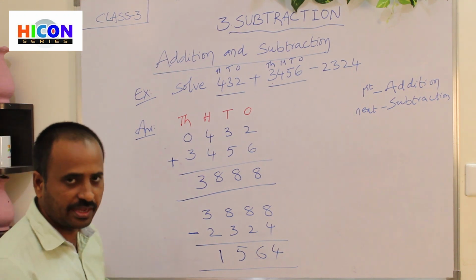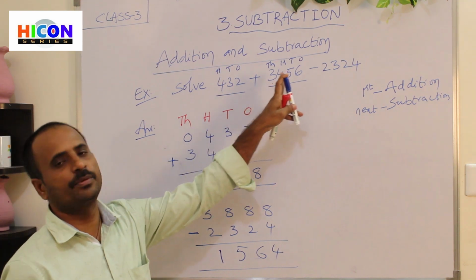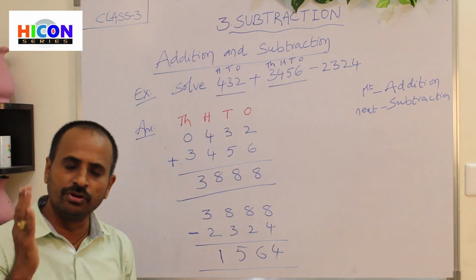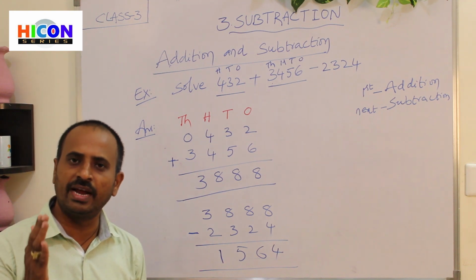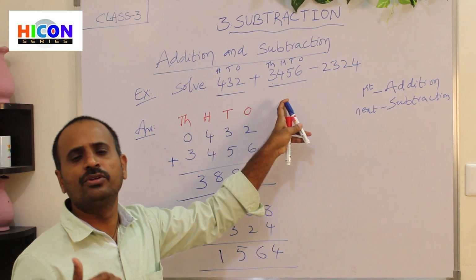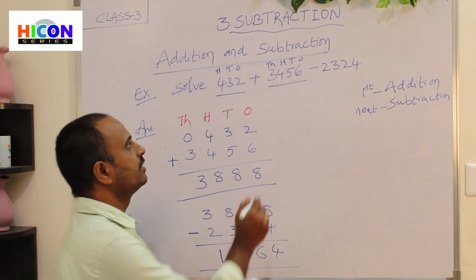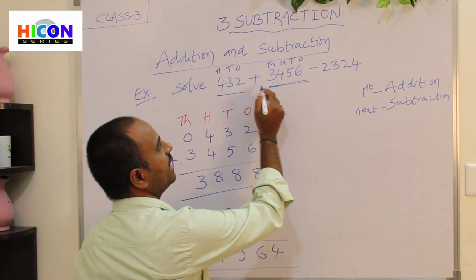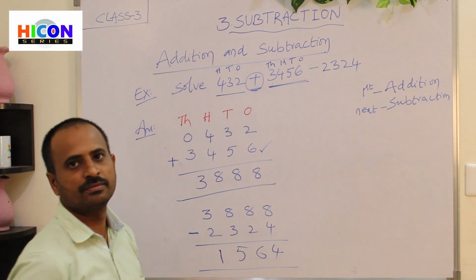So children, in this way, if the given problem has both addition and subtraction, first we have to do the addition, next the subtraction. First we add the number which has a plus before it, and we subtract the number which has a minus before it. Here 3456 has a plus sign before it, so we add that number.